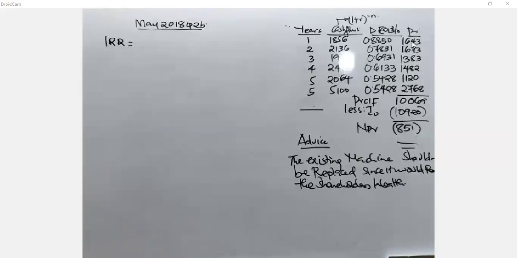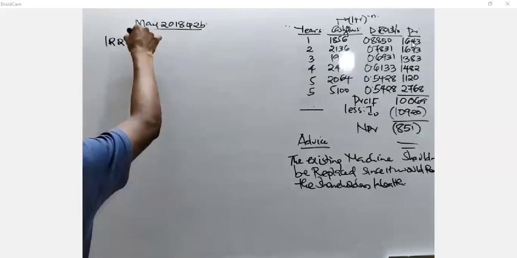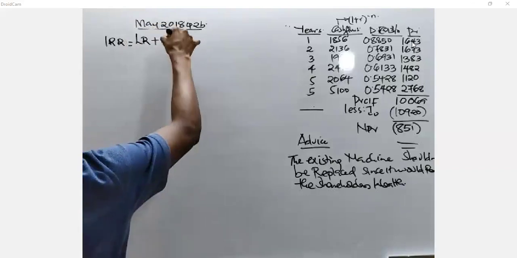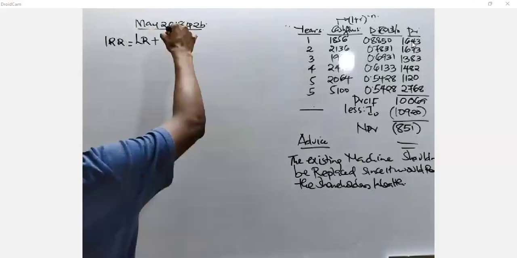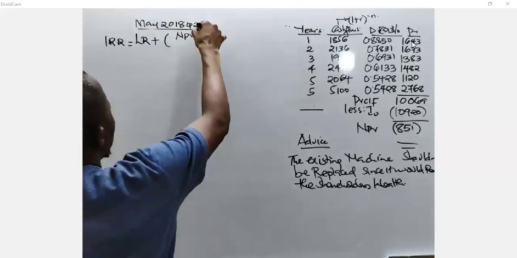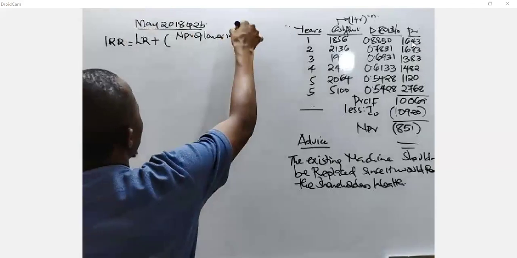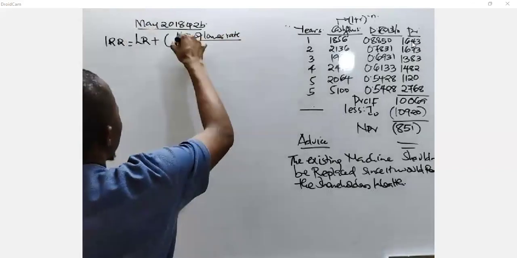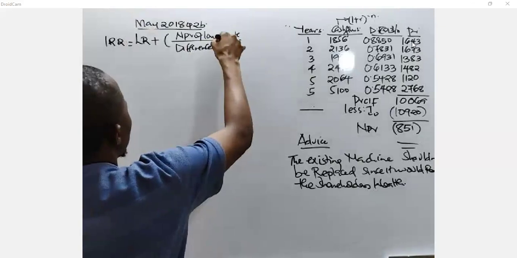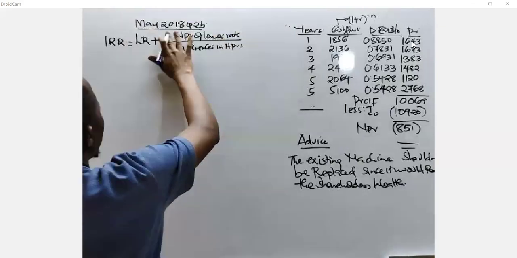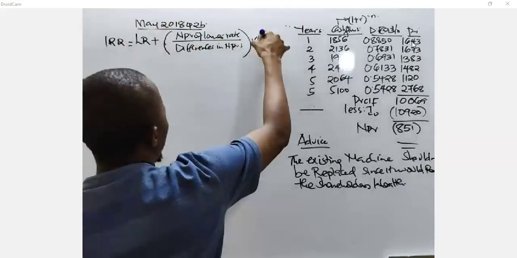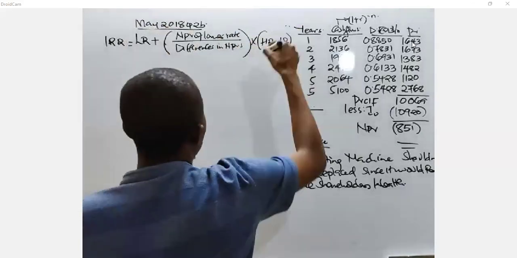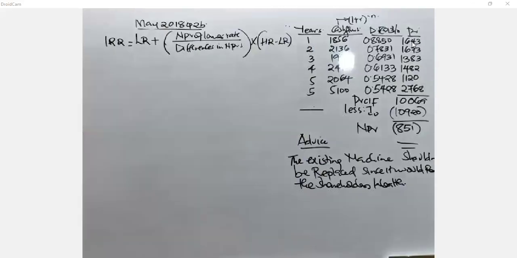When computing the IRR, we take the lower rate plus the NPV of the lower rate, divided by the difference in NPVs, then multiplied by the higher rate minus the lower rate.